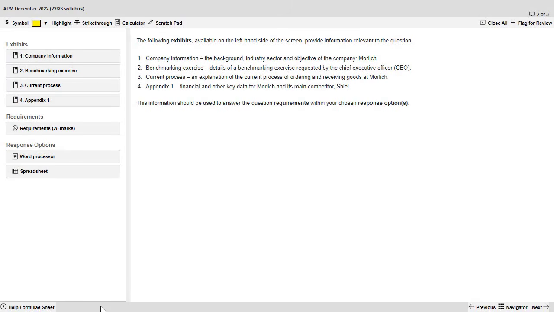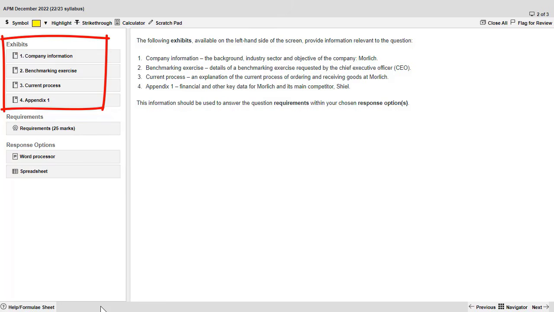I'm back in the exam platform where we left off, ready to continue. To recap what we've done so far, we've read the exhibits. We've learned about the Morlich Optician Company, the chain of retail optician shops.